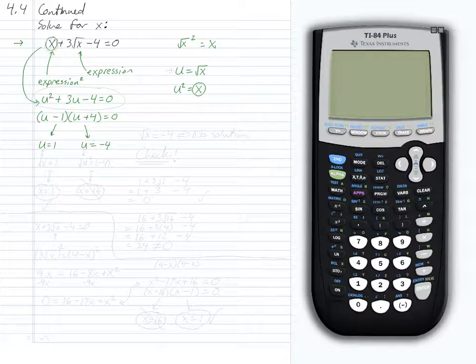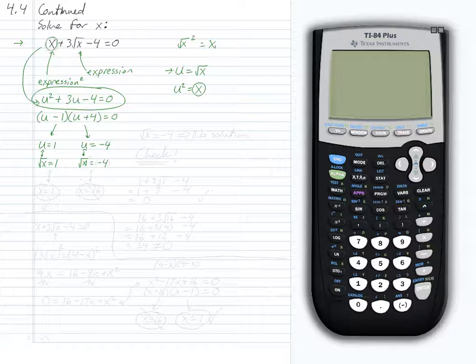Okay, so now that we know what u is equal to, we can say u, 1, is equal to the square root of x, or u equals negative 4 is equal to the square root of x. So u is just a placeholder so that we can see what the quadratic actually is and then solve using our techniques.